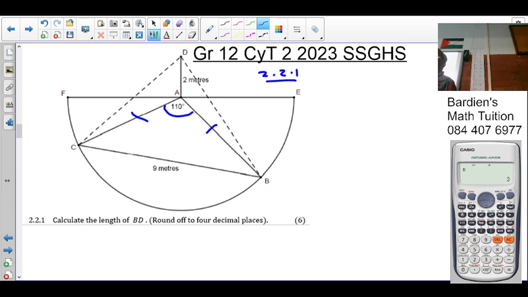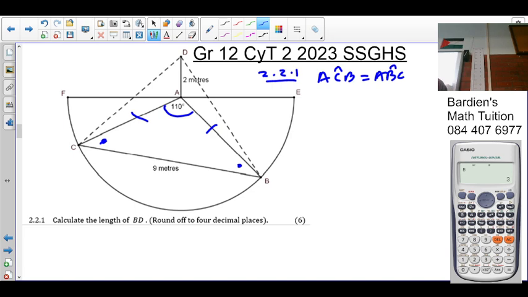I think in the memo I've used the cos rule. The sine rule is definitely going to be easier here, provided I know the size of that angle here. Remember, this is an isosceles triangle, so those two angles are equal. So we know that ACB is equal to ABC.